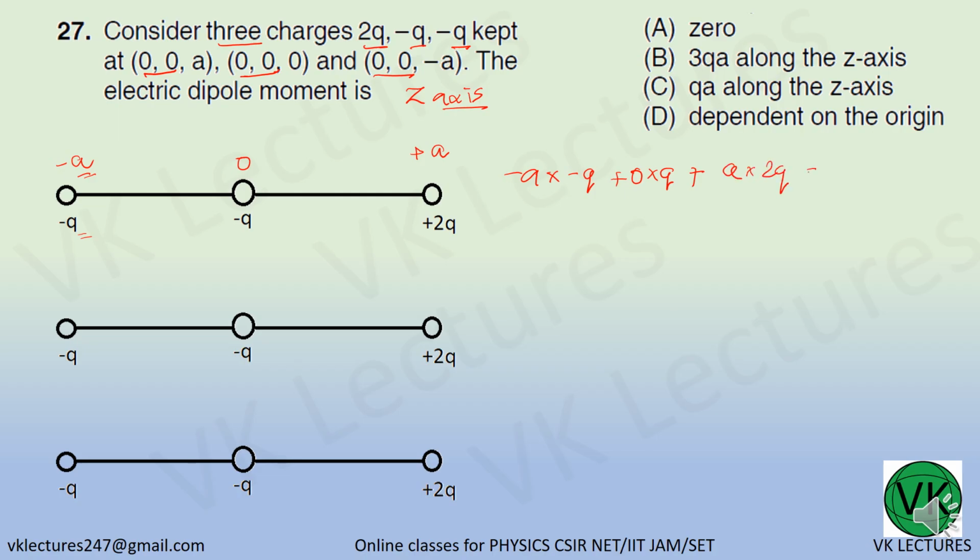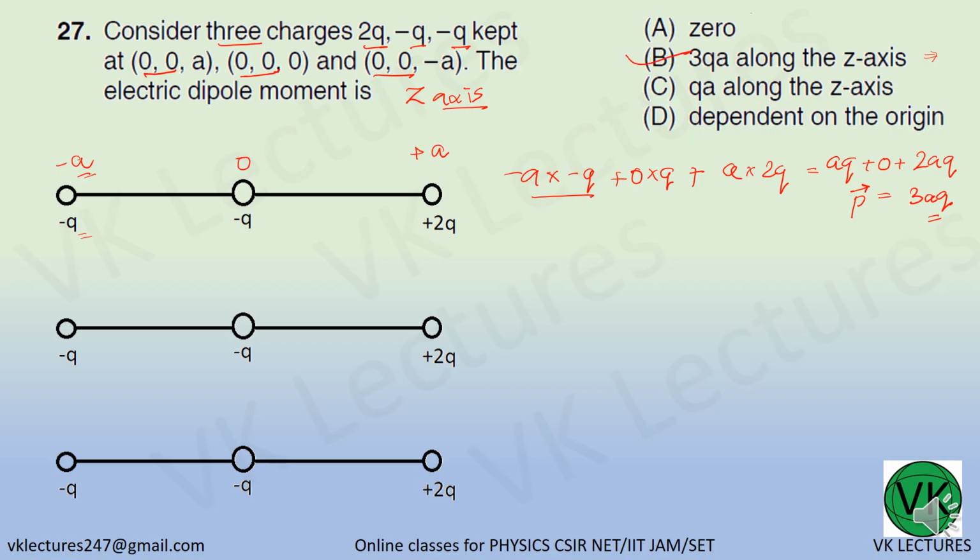That is equal to aq plus 0 plus 2 times aq, which is equal to 3 times aq. This is the dipole moment. So dipole moment is 3aq along the z axis because all the charges are on the z axis. So your option is option B.